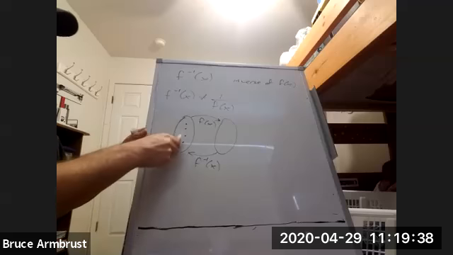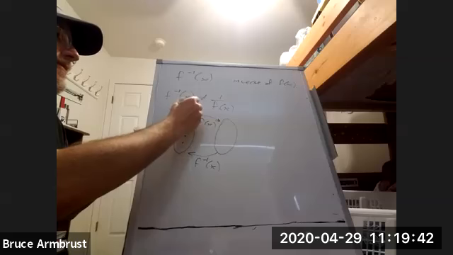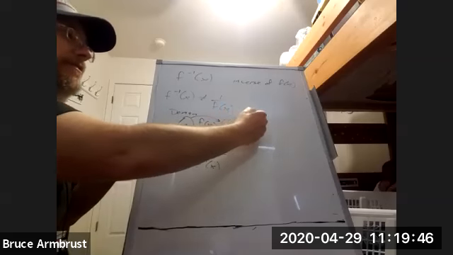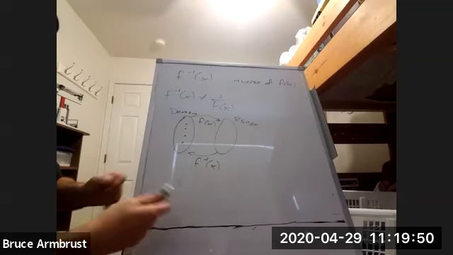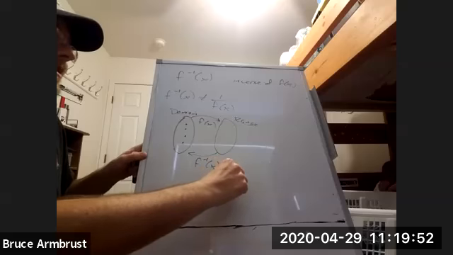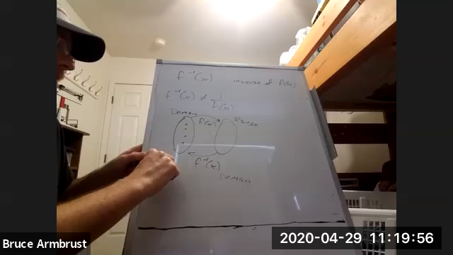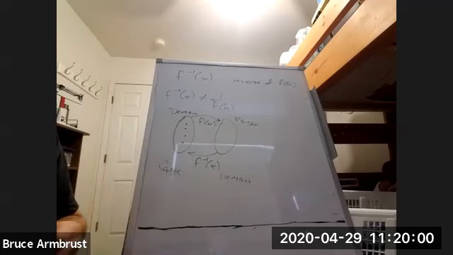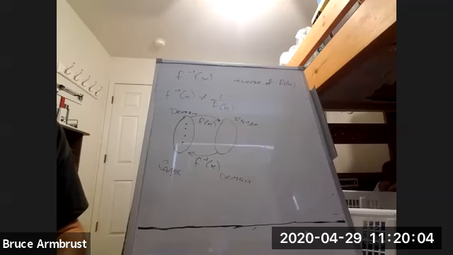Well, notice that this island on the left is the domain of f. And on the other side, this other island is the range of f. But for f inverse, those roles swap. Now, the island on the right is the domain, and the one on the left is the range. Those roles swap just because that's what domain and range are.